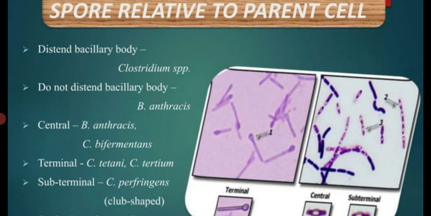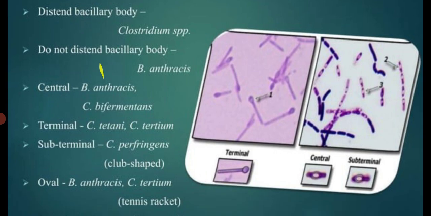The position may be central: Bacillus anthracis and Bacillus bifermentans have a spore at the center of the cell. Terminal: Clostridium tetani and Clostridium tertium. Subterminal: Clostridium perfringens.